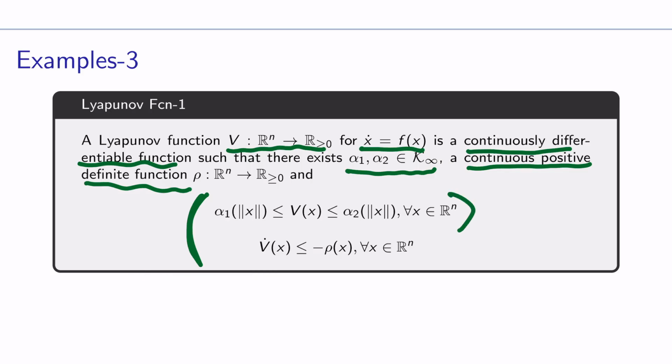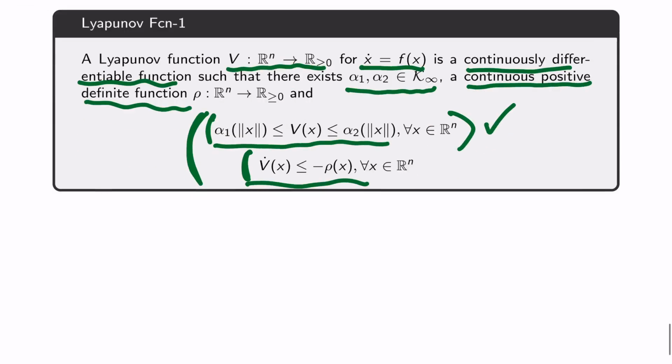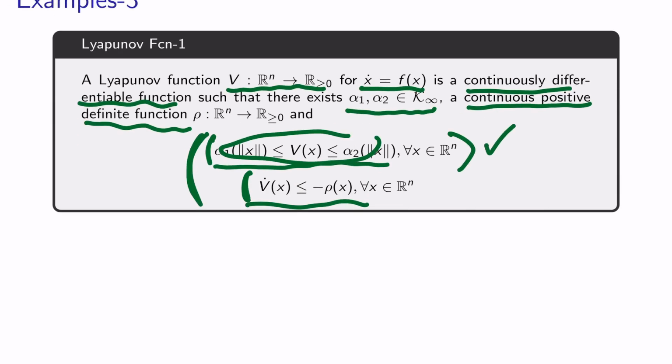Here, that one is kind of understandable. Or not, I shouldn't say understandable, but this is a type of property that we have seen many times, right? And this property is also the type of property that we have seen many times. Let's look at it one more time. So this is the boundedness.